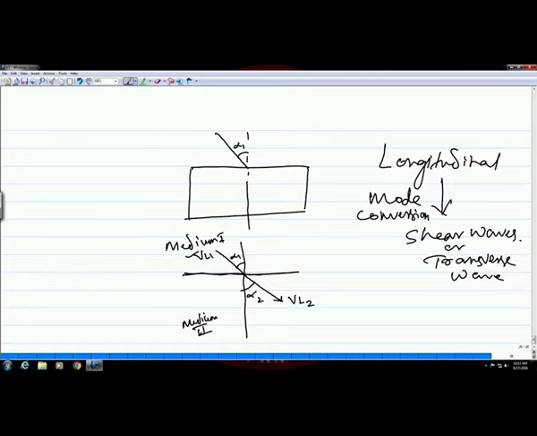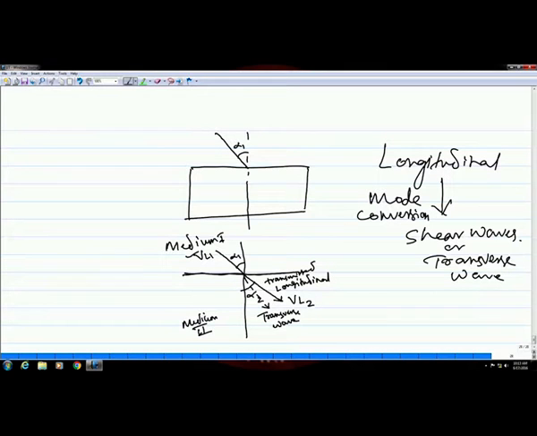And as I said, a small part of this can also be converted into a shear wave or transverse wave. So, this is the transverse wave due to mode conversion. This is the longitudinal wave transmitted into the second medium, and this one is the transmitted transverse wave.